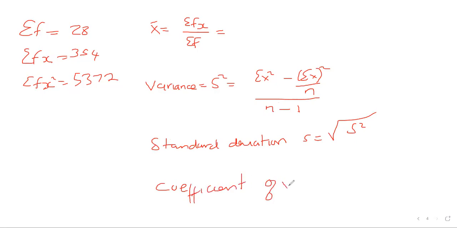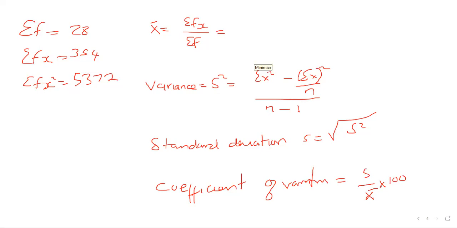Coefficient of variation, we're going to have the standard deviation over the mean times 100. So I'll give you just 5 minutes to do that. Just substituting the values. Substitute for me.